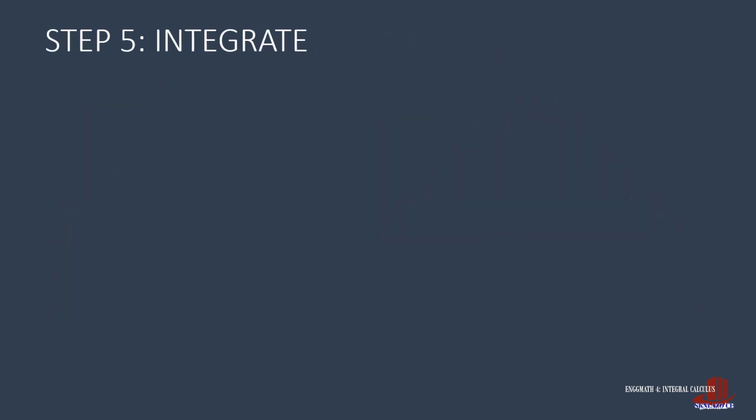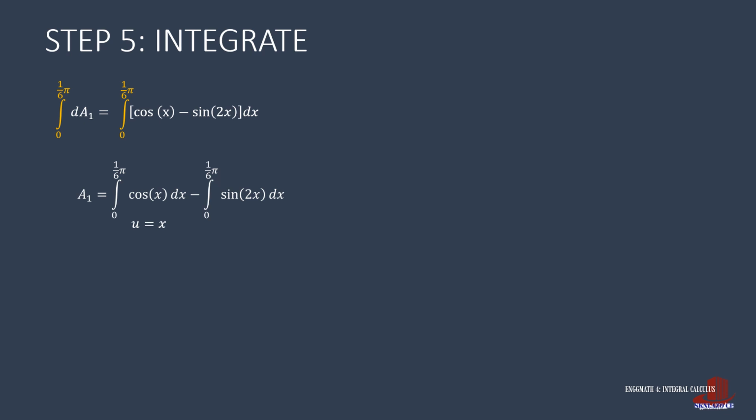The last step is to finally integrate the formulas to have the areas. Start with the first area, cosine of x minus sine of 2x times dx from 0 to pi over 6. Separate the integrals on each term, making area 1 the integral of cosine x dx minus sine of 2x dx, where both have the limits from 0 to pi over 6. Analyze each term from here and get u as x on the first term.